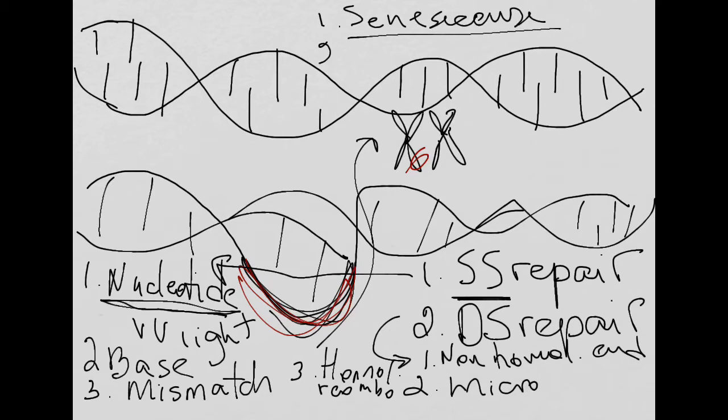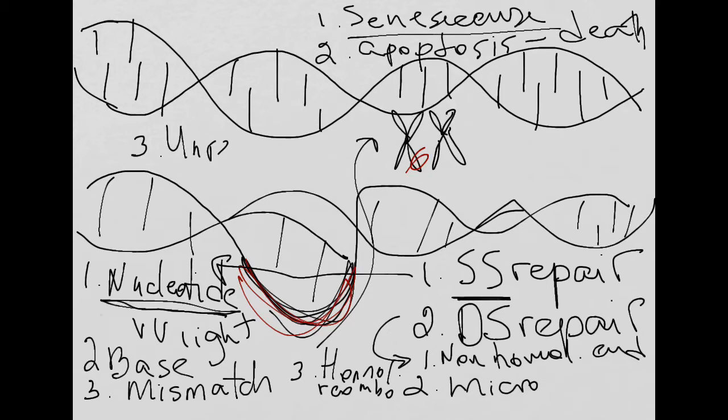Another state it can enter when the repair process fails is apoptosis. And this one is a sure cell death. And then the third and final state is unregulated division, and that really is a root of cancer.